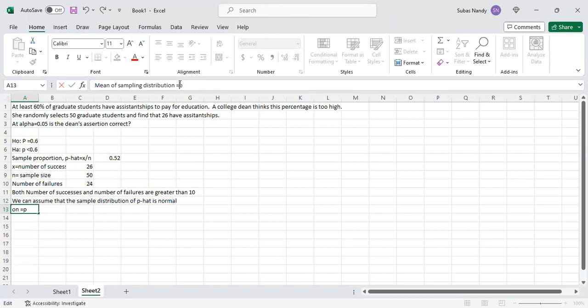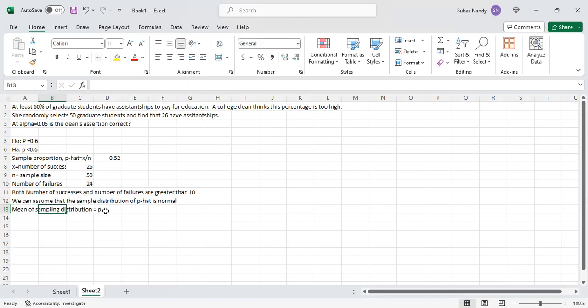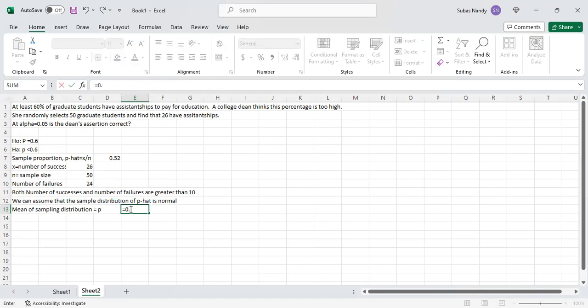So in our case, that is equal to the hypothesized population proportion, which is 0.6.